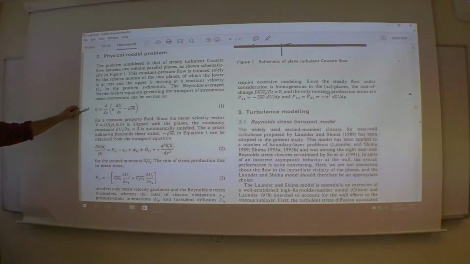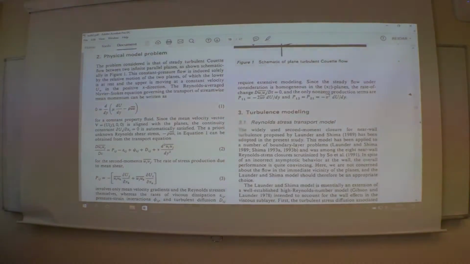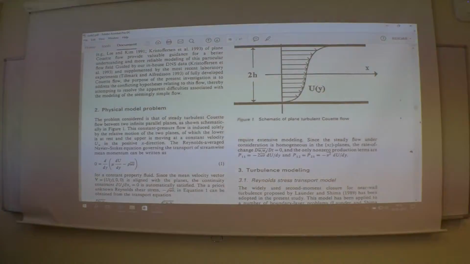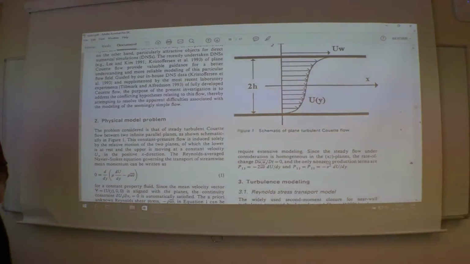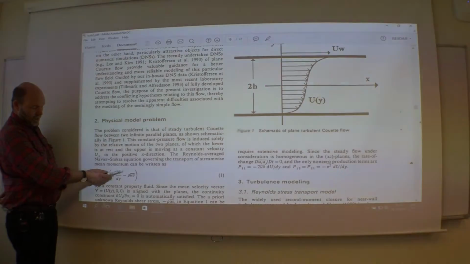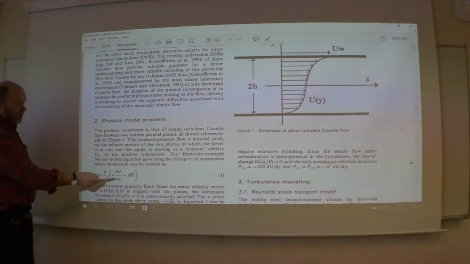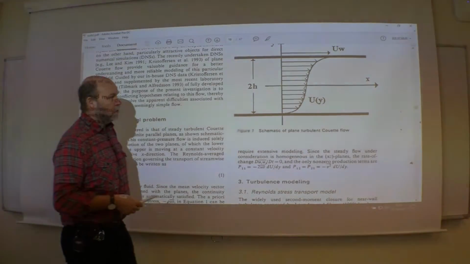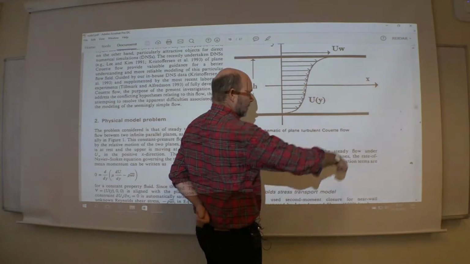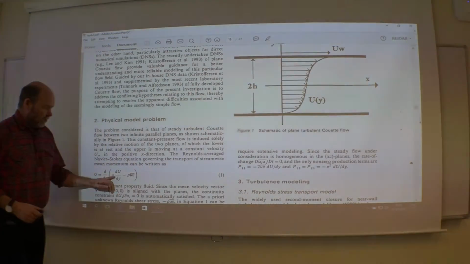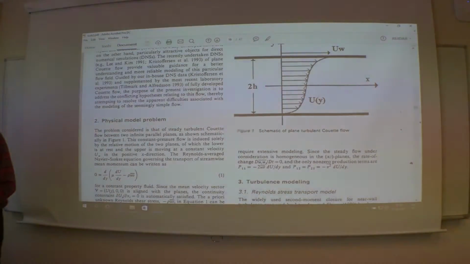But you can use this as a test: the sum of the viscous stress together with the turbulent stress has to be constant from wall to wall. So then you should get a straight line if you plot the sum of these two together. So that's a good final test.